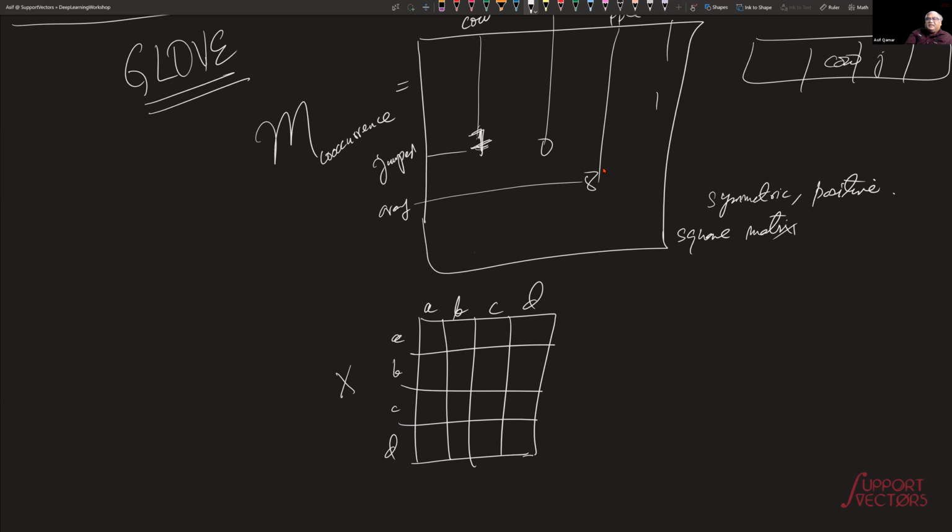Now if I say, what is the probability of seeing D show up next to A? You can say, how often did A show up? This is all the times the word A occurred, doesn't matter in the company of which other word. Would you agree that if I add up the columns, I'll get how often the word A occurred?